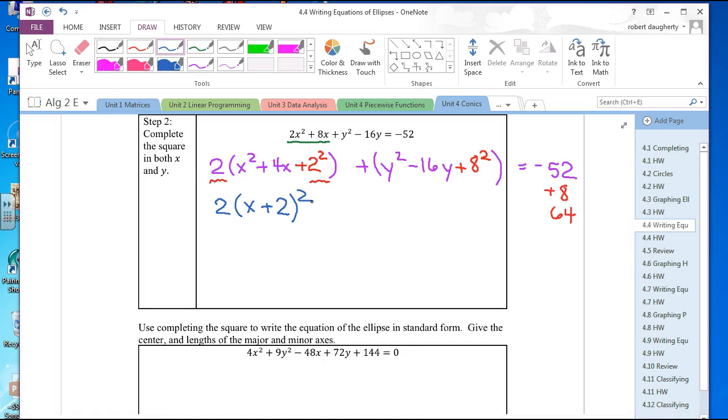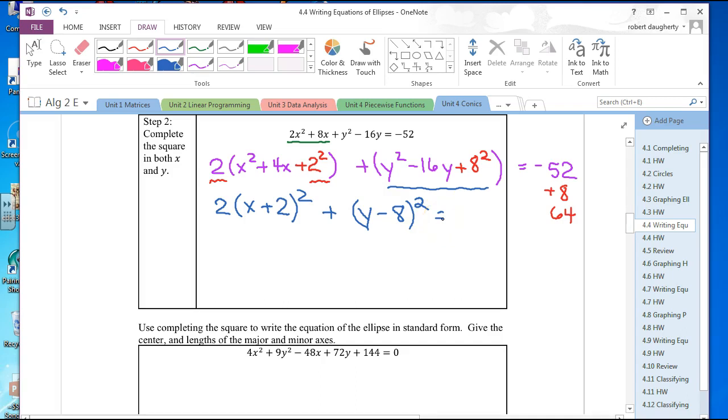The number 8 multiplies to give you negative 8, adds to give you 6, multiplies to give you 64, adds to give you negative 16. So plus, what is this? Y minus 8 squared, right? So it's starting to look more like the form that I need.